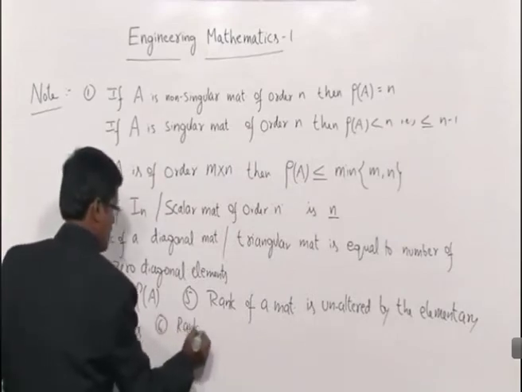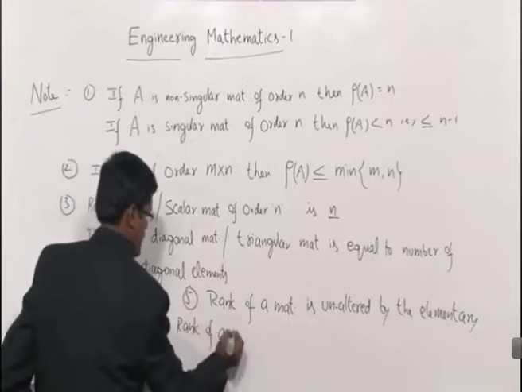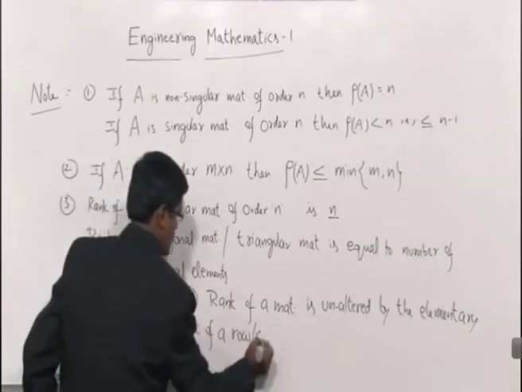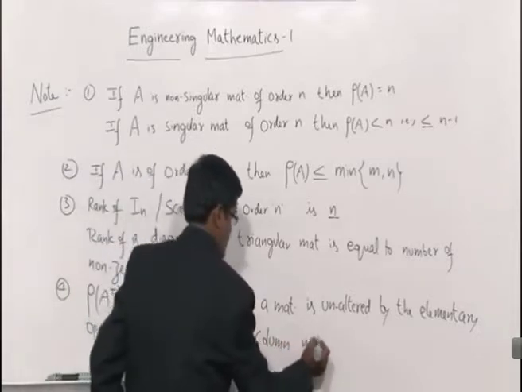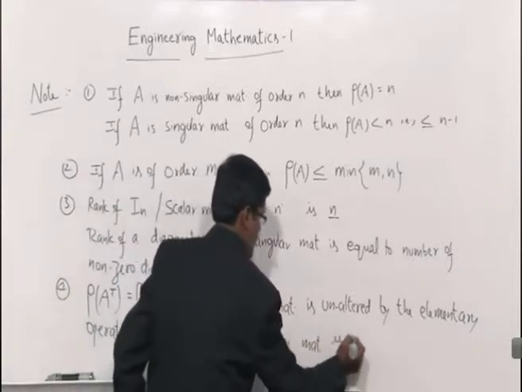Rank of a row or column matrix is always 1.